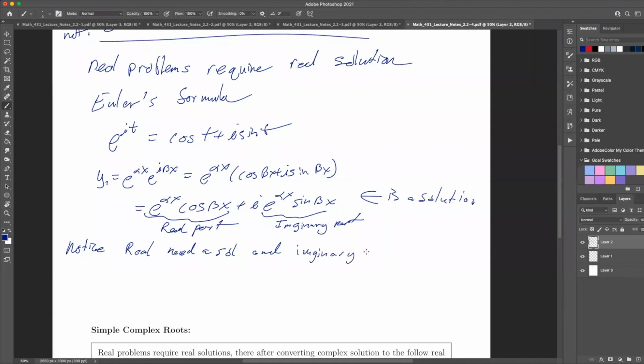If I plug it back into the original equation, I need to get 0, because this part better zero out, this part better zero out. If I take everything beyond the i, this part, which I call the imaginary part, is real. The part that makes it imaginary is the i stuck in front of it. But this is real. This is real.